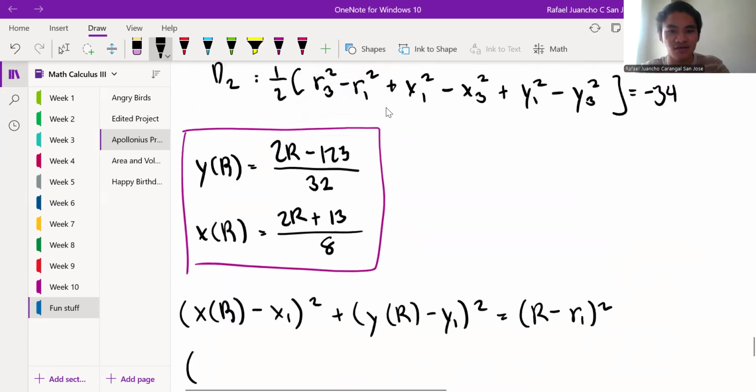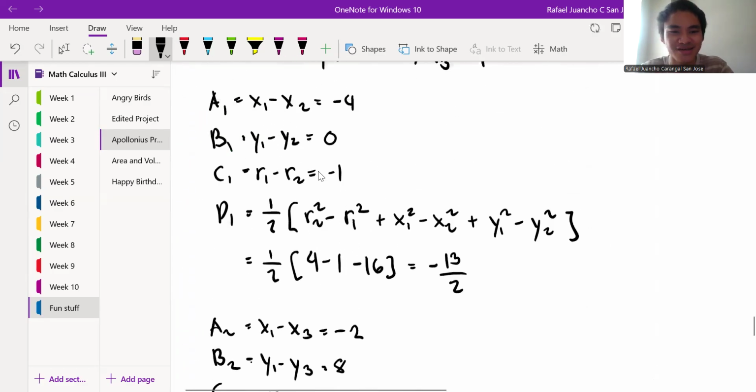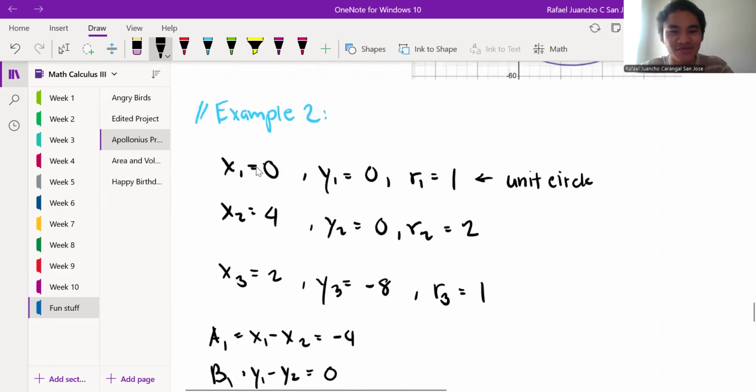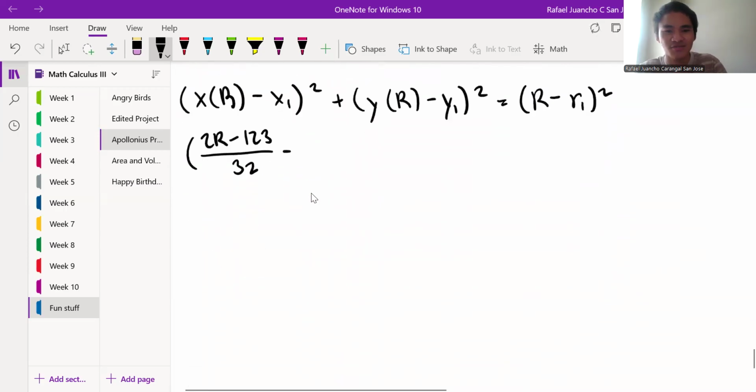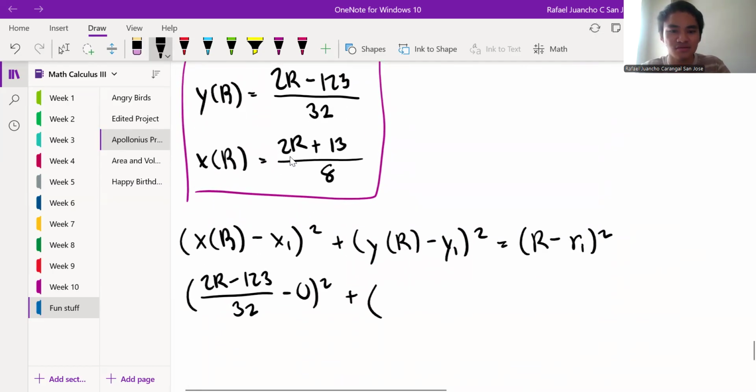So here we have 2r. Yeah, now this is the computation. So here my x1 is 0, right? I can just write that, 0. My y of r is, oh, I just reversed it. Oh my goodness, this is 13 over 8. And then here my y of r is this.